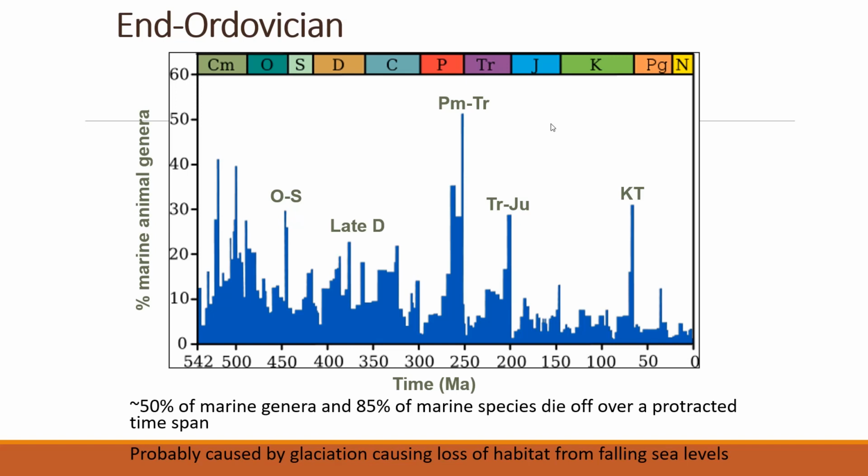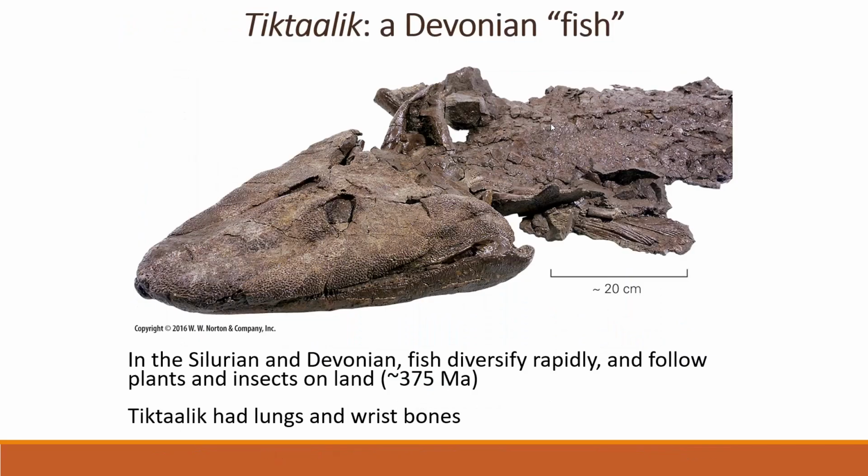When we see a drastic change in the fossils present, that's when we typically change to a new period. That's why we typically see these massive die-offs at the end of geologic periods. So at the end of the Ordovician, we have not our first, but a large die-off.